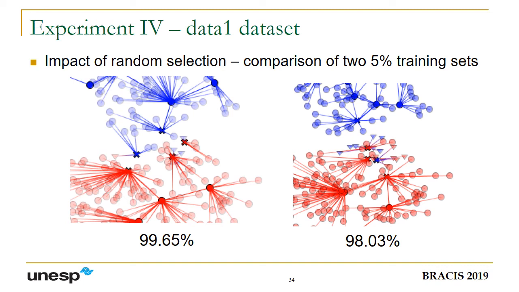For instance, at left, that was a good random selection, and at right, a not so good random selection. You can see here a few prototypes to define the boundary in the training dataset, and as a result of that, we get a worse performance in the prediction of new samples. The accuracy was impacted.